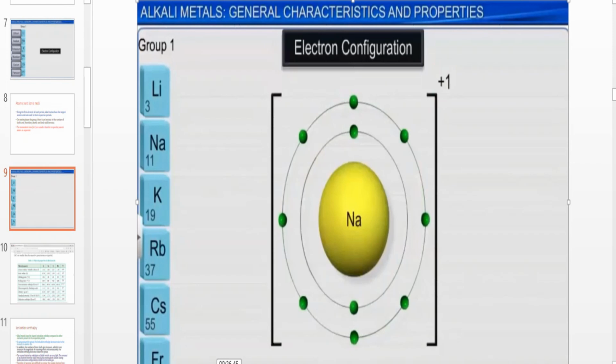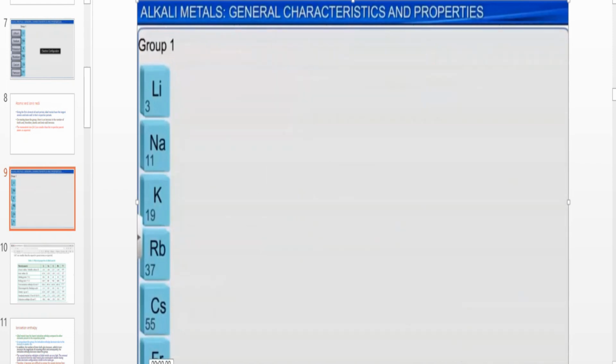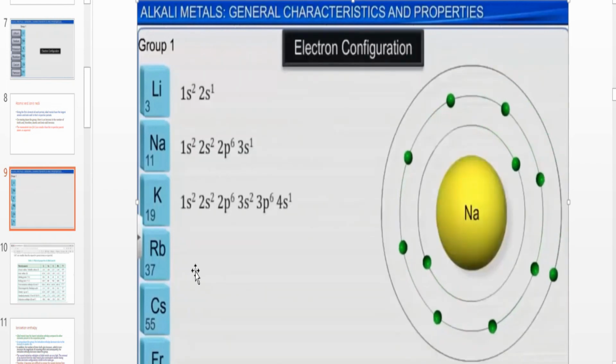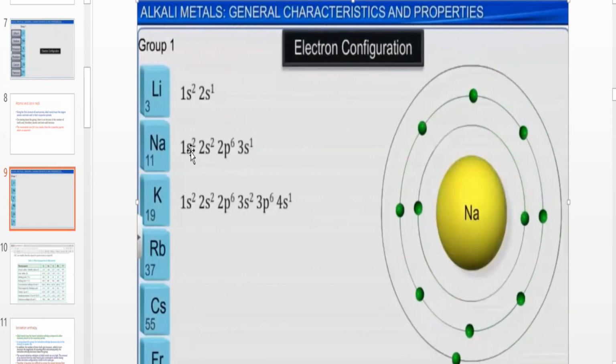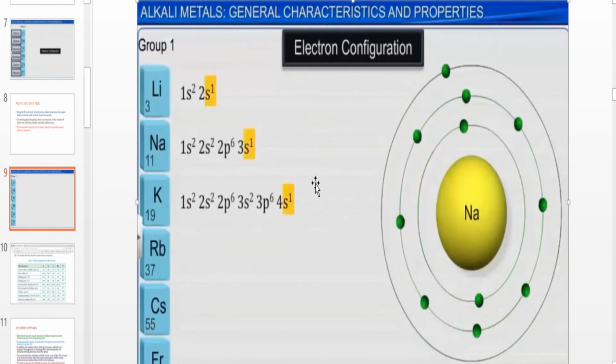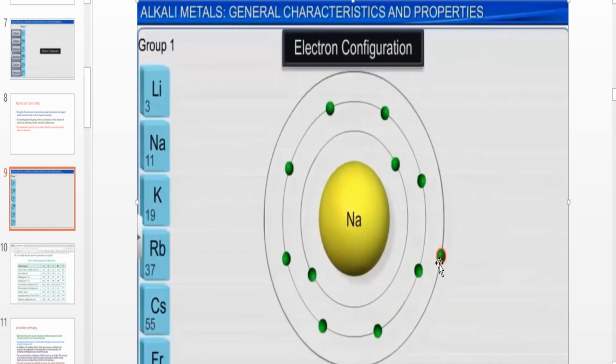look at this electronic configuration of the first group elements. All these elements possess only one electron in the valence shell. In this diagram also, only one 3s electron is revolving around the atom, so it cannot hold this electron.